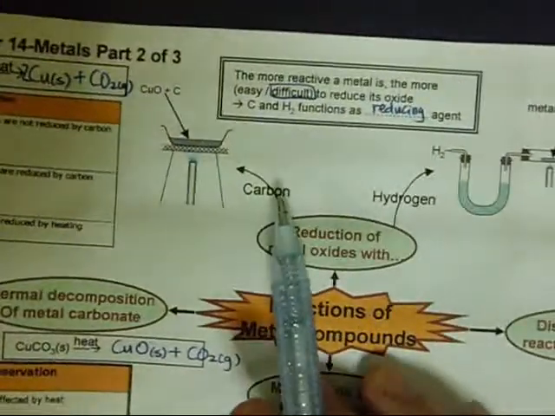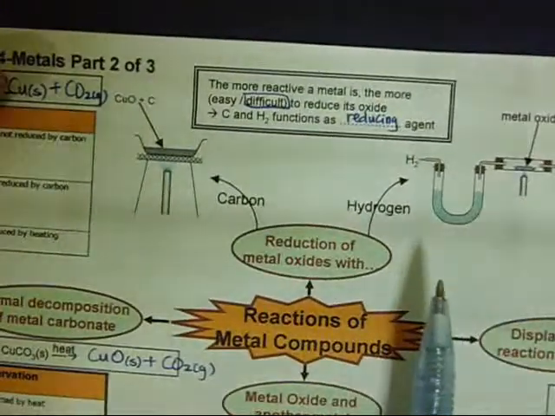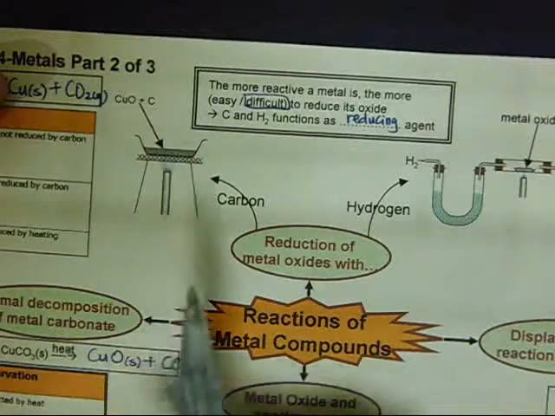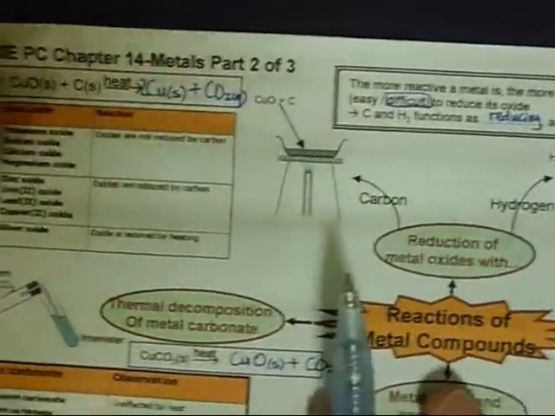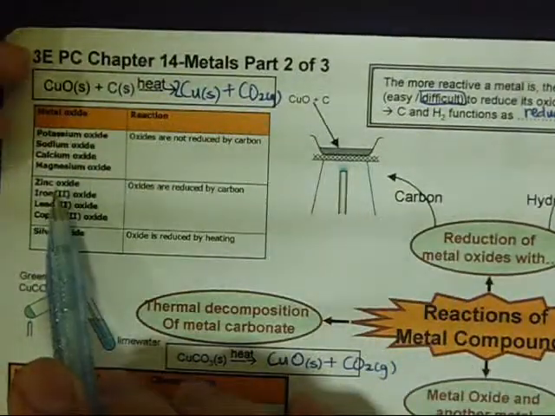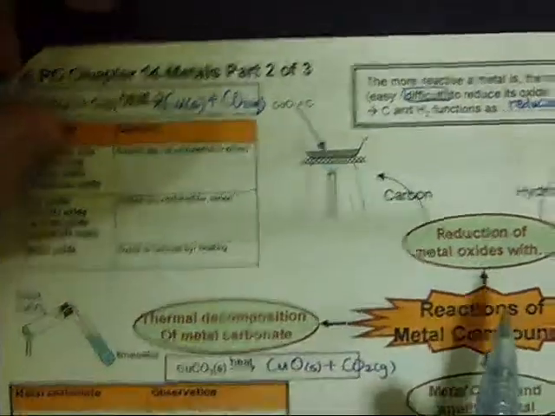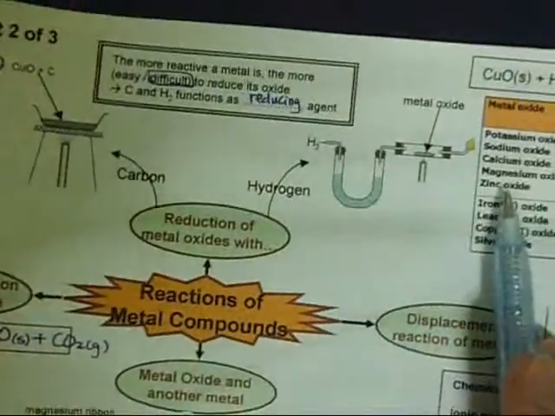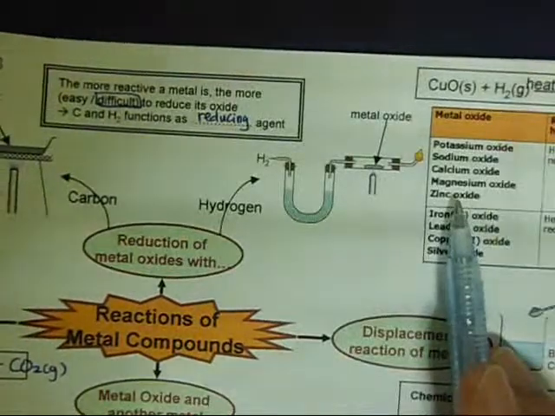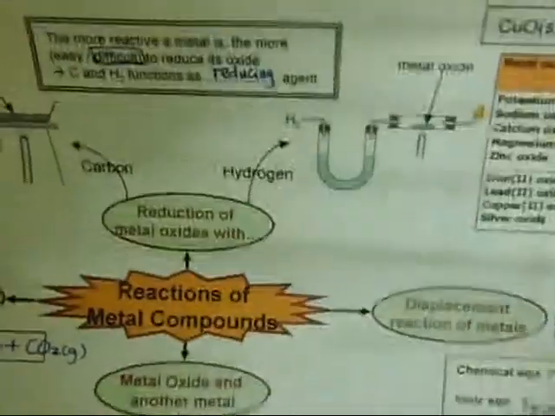So carbon actually is a stronger reducing agent than hydrogen. I repeat, carbon is a stronger reducing agent than hydrogen because carbon can reduce zinc oxide, but hydrogen cannot reduce zinc oxide. So carbon is a better reducing agent.